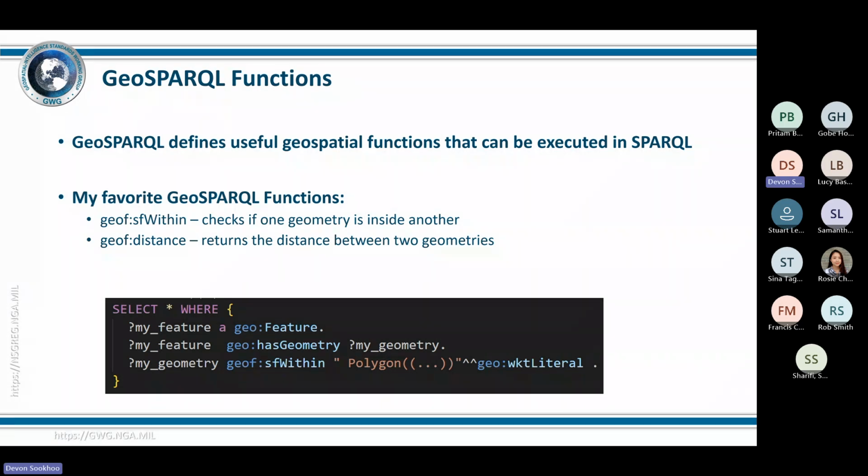My personal favorites are these two. GeoSF within checks if one geometry is inside another. This is useful: you could draw a bounding box and query for all data that falls within that bounding box. And then the distance function lets you check the distance between two geometries.